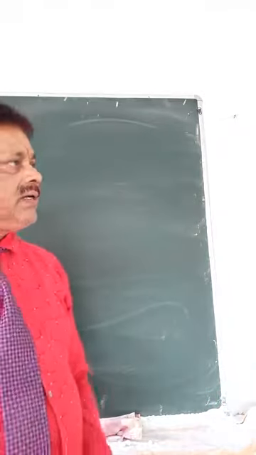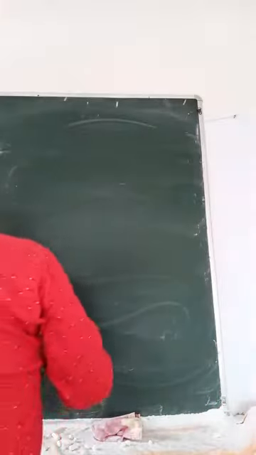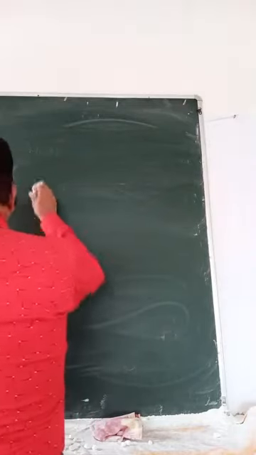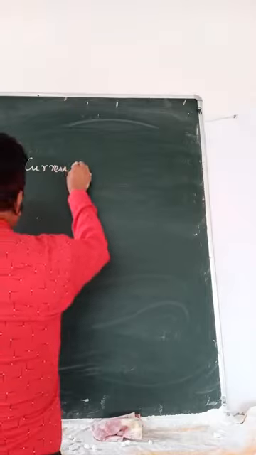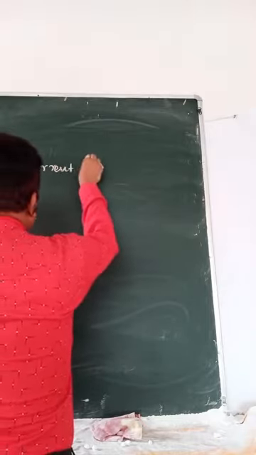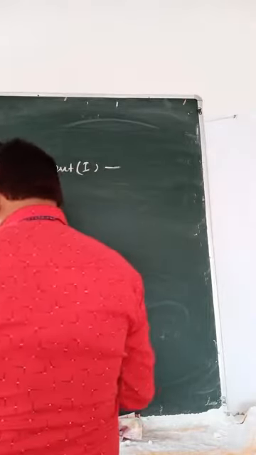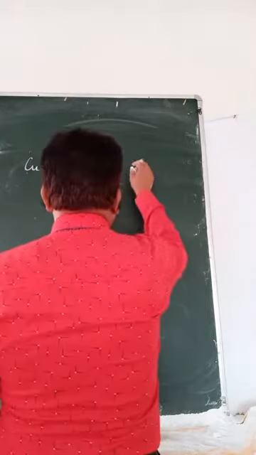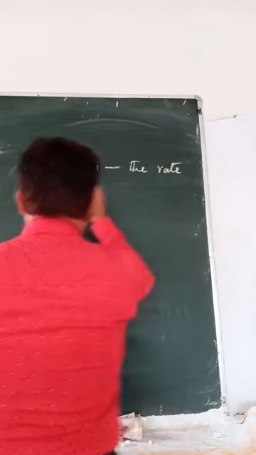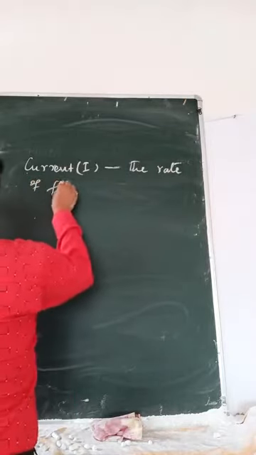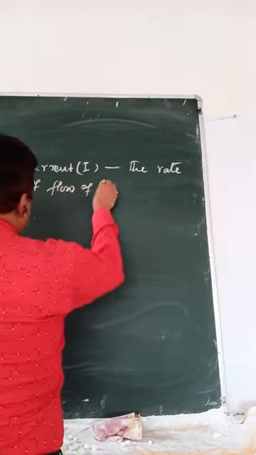The charge is flowing here. The current, symbolized as I, you can define as the rate of flow of charge.